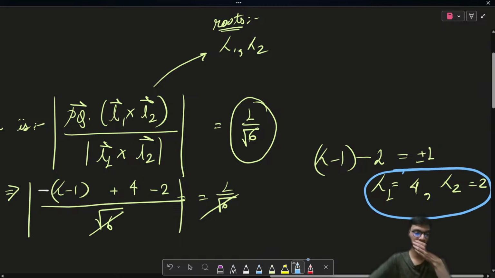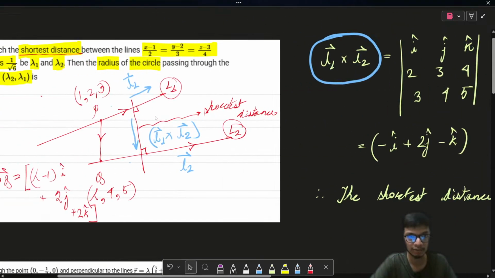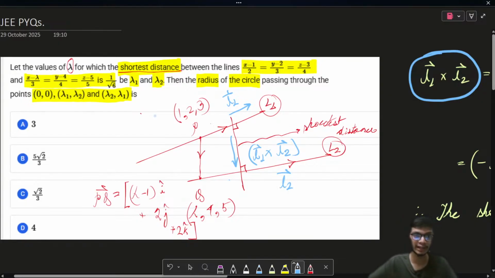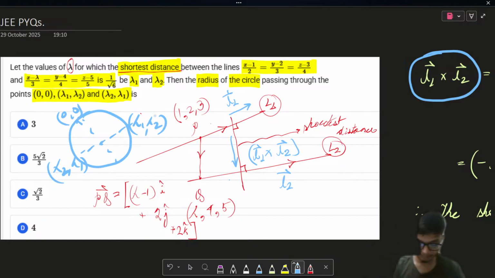Now you can consider any one of these, because the final result of the question is made symmetrical, because you said that you have to find the circle which is passing through this point 0, 0. So let us say this is 0, 0, this is lambda 1, lambda 2, and similarly it will be symmetric: lambda 2, lambda 1. Like this it is being asked over here, right? So it doesn't matter whichever you consider lambda 1 and lambda 2, right?